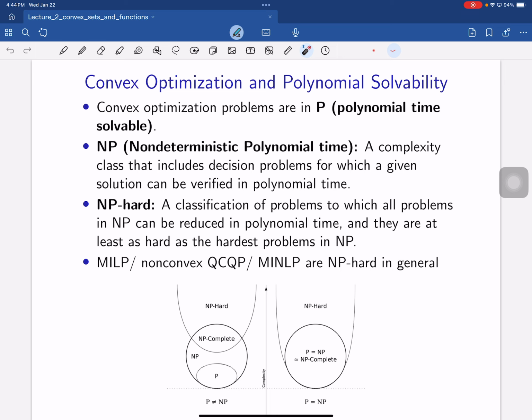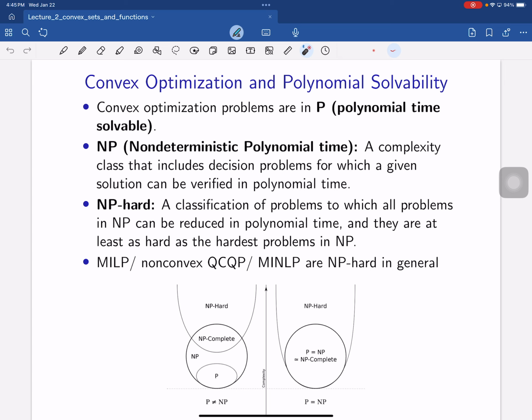When you say polynomial time, the computation time could be written in the form of a polynomial? Oh yeah. For example, I give you a convex optimization problem with n variables and m constraints, and I can compute the optimal solution in terms of a polynomial function of n and m, like n raised to the power of 3, m raised to the power of 5.